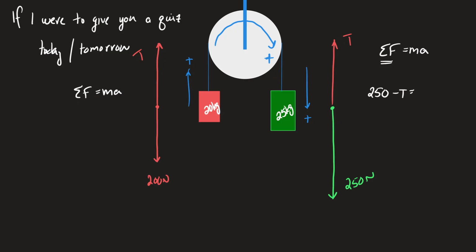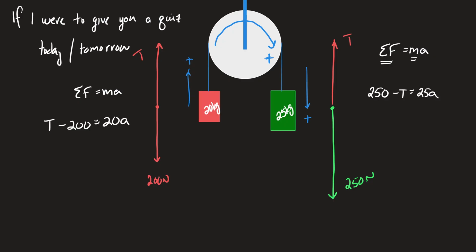That equals, this m isn't any m, it's talking about this box specifically, so it has to be that box's mass. So that's 25a. Go to the other side, I have to do something similar. This time up is positive, so T minus 200 equals 20a.